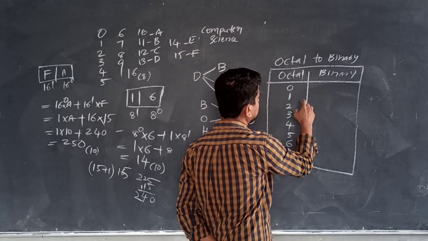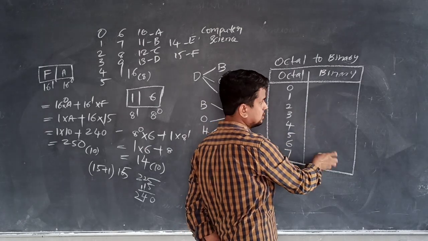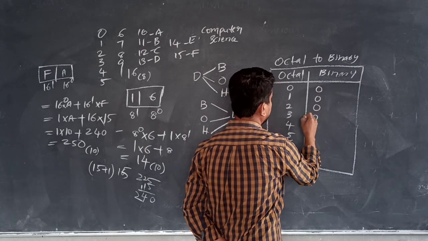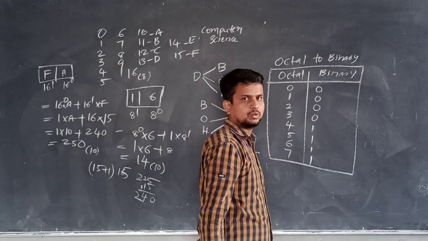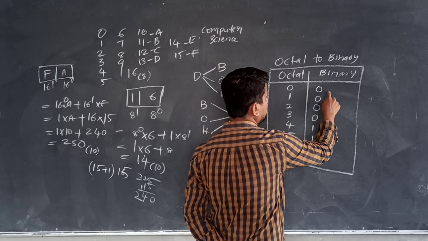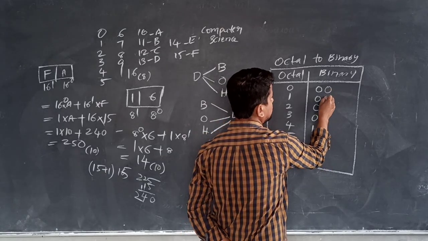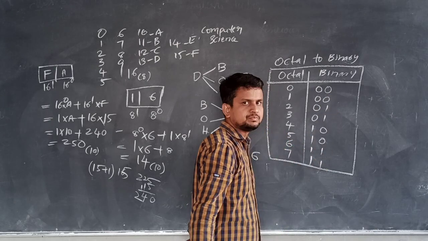Then we will learn very easily. Do one thing. First, 4 zeros and 4 ones. I am writing 0, 0, 0, 0, and 4 ones: 1, 1, 1, 1. Again, 2 zeros and 2 ones, 2 zeros and 2 ones.